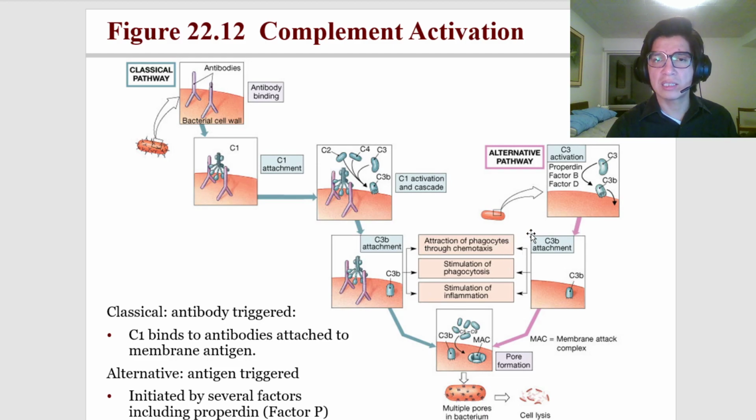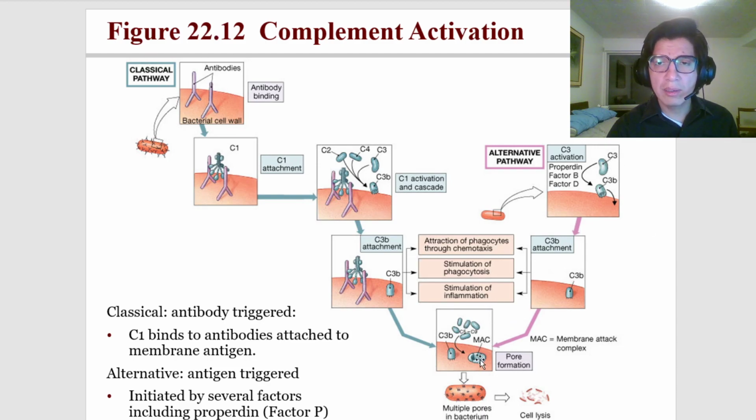It attracts phagocytes, stimulates phagocytosis, stimulates inflammation, as well as summoning the other components, C5 through 9, to create these pores, the membrane attack complex, or MACs. So this is the classical pathway, antibody mediated.